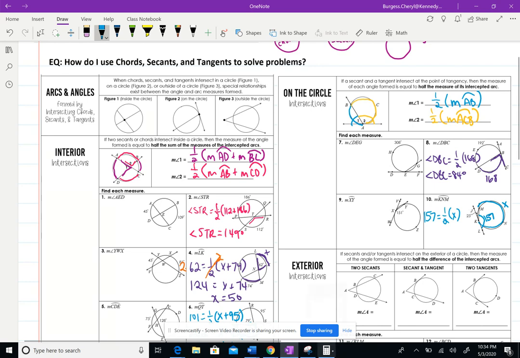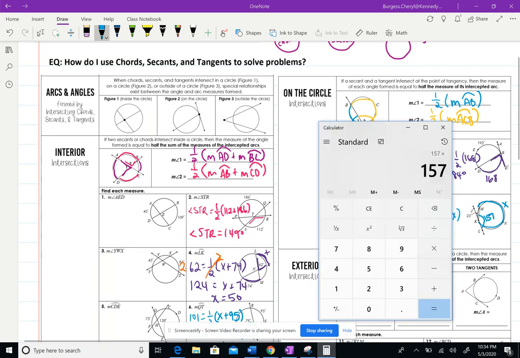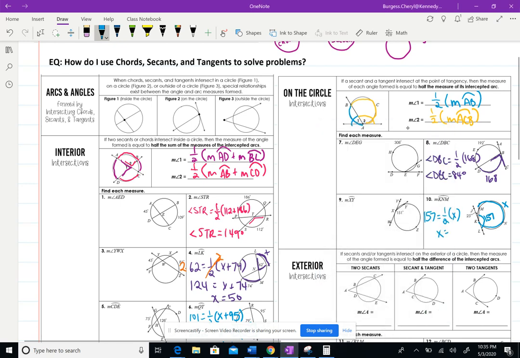So 157 times 2 is 314. X equals 314, or the measure of arc KNM is 314 degrees. All right.